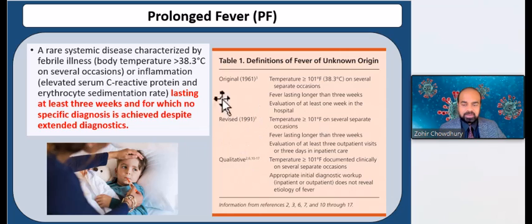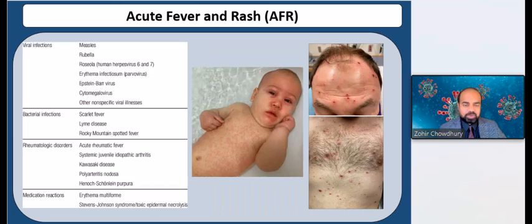In the table to the right, you can see the definition of fever of unknown origin, and various definitions of such fever, as well as prolonged fever, which can connect to a potential new type of disease out there. So it's worth looking for that specific syndrome.